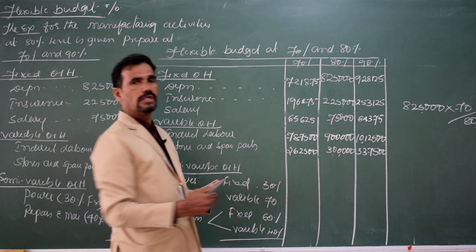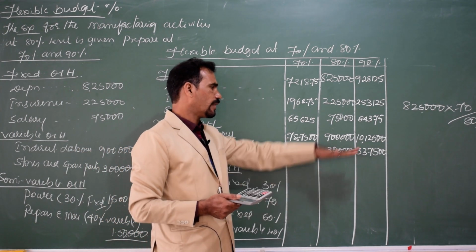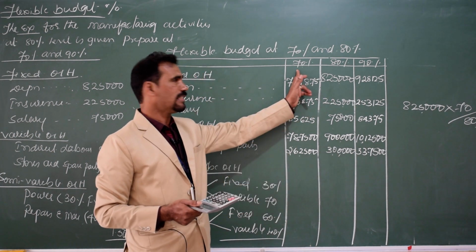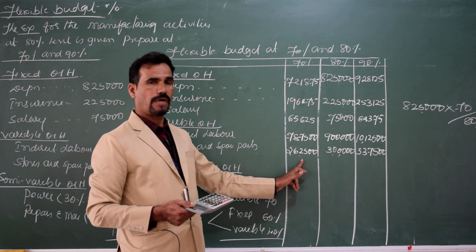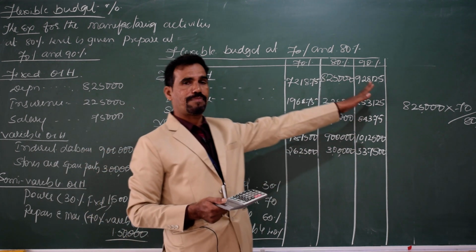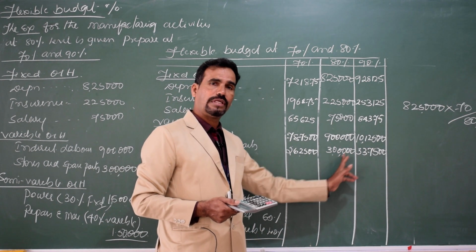So, is this answer right or wrong? How to verify the answer? Once we verify against the base level, the percentage level will be less, so automatically the amount will also be less than the base level. For the next level, 90%, the amount is more than the base level.